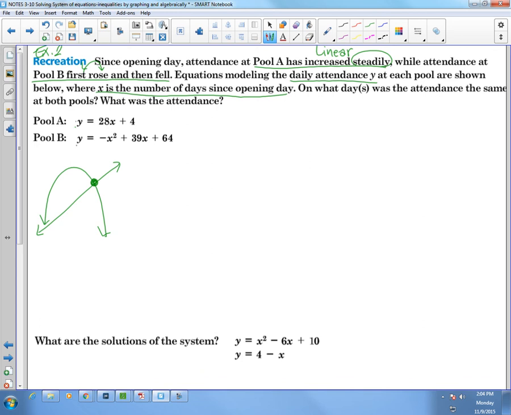So their y's are exactly the same, or equal. So can't I just take the y from Pool A, y equals 28x plus 4, and set it equal to the version of Pool B? What is B equal to, the same y? Negative x squared plus 9x plus 64.